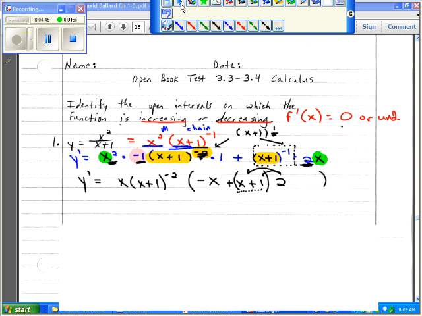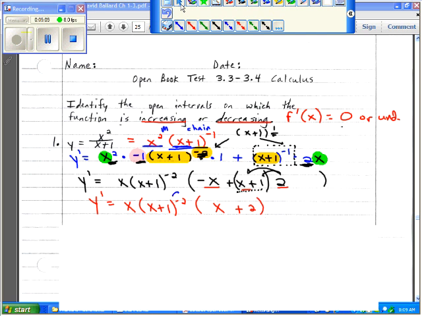Okay? All right. So we're going to have then y prime is equal to x times x plus 1 raised to the negative 2. And then we're going to have a negative x and a 2x, which gives us a positive 1x, and then a 2 times 1 is 2, so a plus 2 in there.